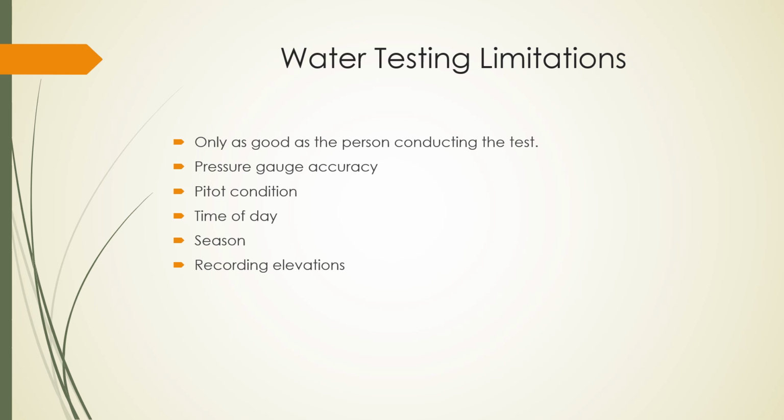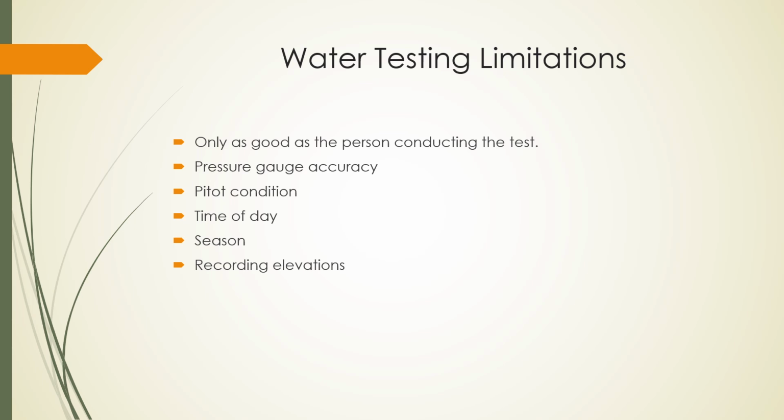I want you to know there are some serious limitations on water supply testing, even when they're done with the full flow test. And that is, first, they're only as good as the person conducting the test. And having flowed a lot of hydrants in my day, I can tell you that there's a certain art to getting the right number.